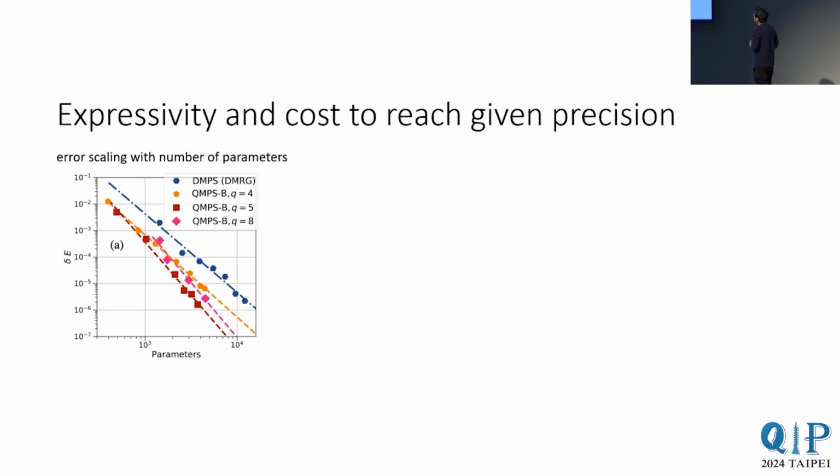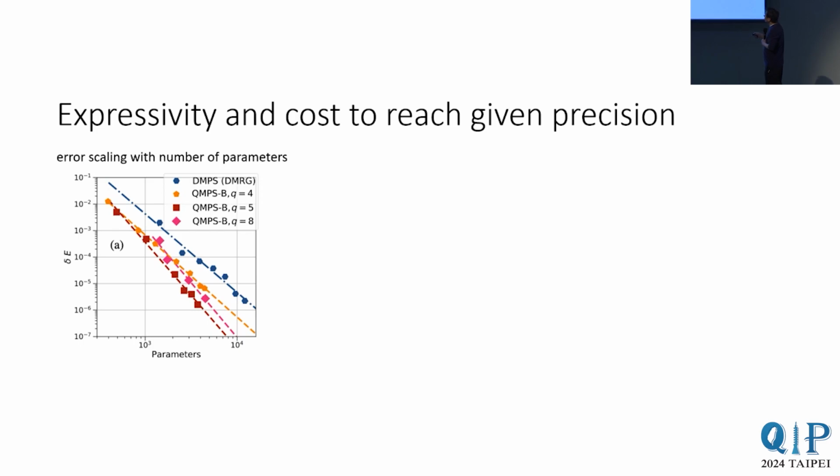This, I think, was in the 1D Hubbard Hamiltonian. This plot shows the error scaling with the number of parameters for the classical matrix product state, written as DMPS because CMPS means something else, continuous MPS. This is the precision, and this is the number of parameters. We also show the best quantum circuit parameterizations we could find.